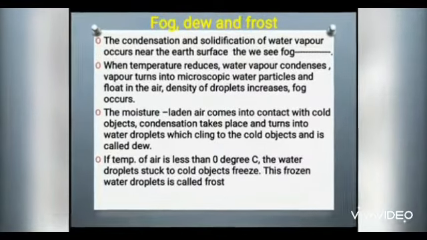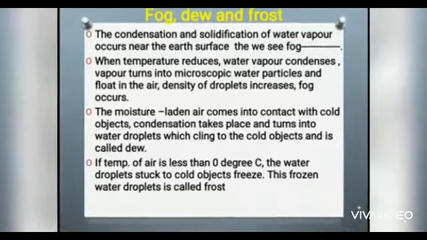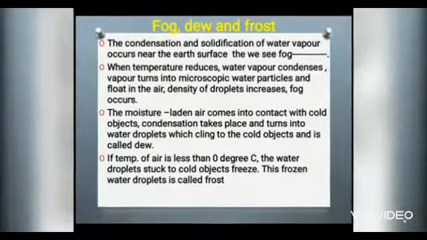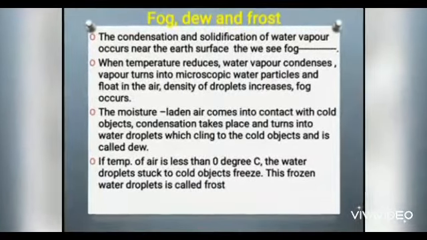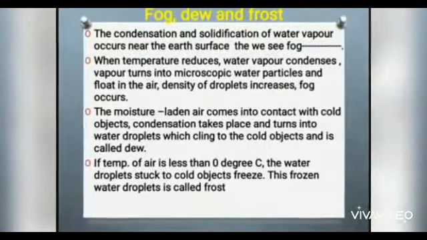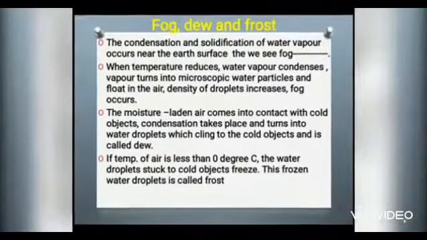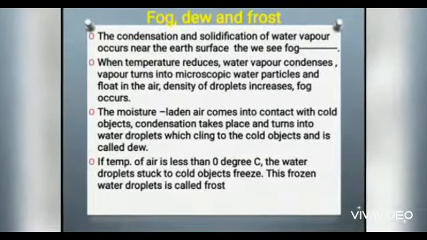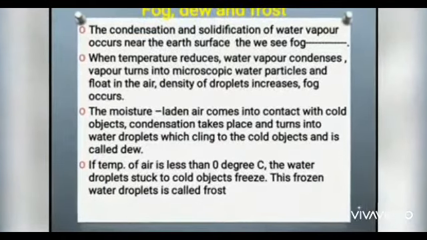We will now see what is fog, dew, and frost. When the condensation or solidification of the water vapor in the atmosphere occurs near the Earth's surface, then we can see fog, dew, or frost.